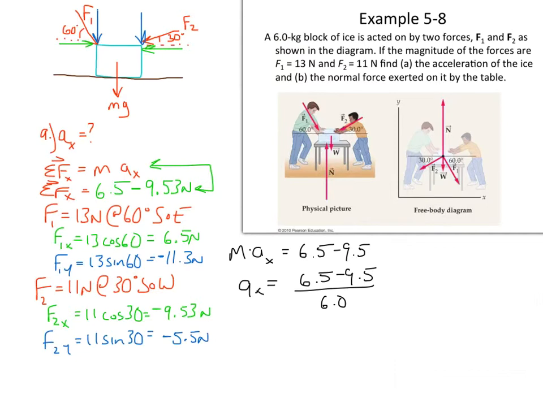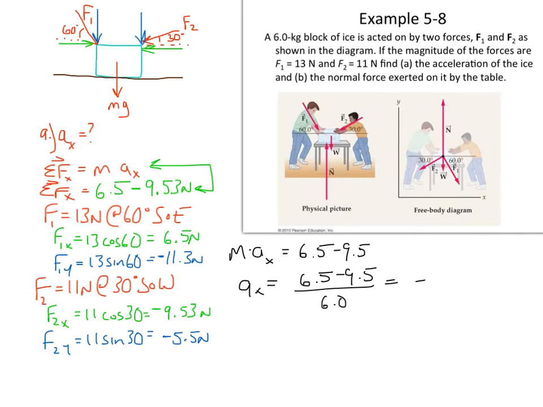And I think we're going to find that the boy who's applying less force is actually going to be winning. All right? And it's all going to be because of his angle. So 6.5 minus 9.5, that's minus 3, right? Minus 3 divided by 6, so that's going to come out to negative 2.0. Oh, no, sorry, negative. I'm trying to do that in my head.